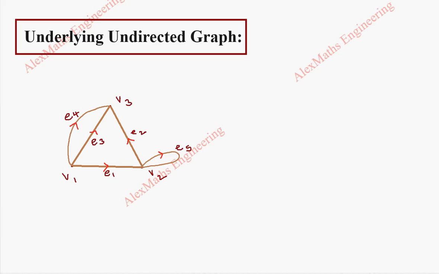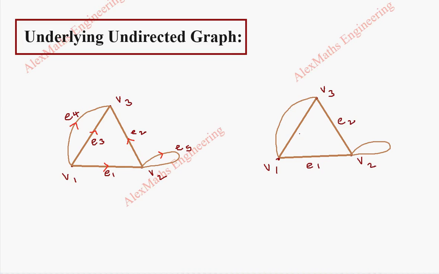Suppose this is the graph given. In the same graph we are going to remove all the directions. So we redraw the graph again. We have 3 vertices and edges, and we have a loop and the parallel edges, and let's name these E1, E2, E3, E4, E5.